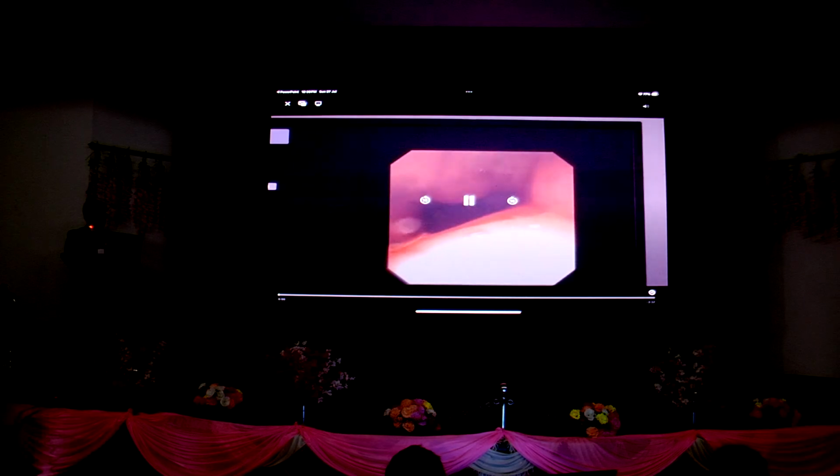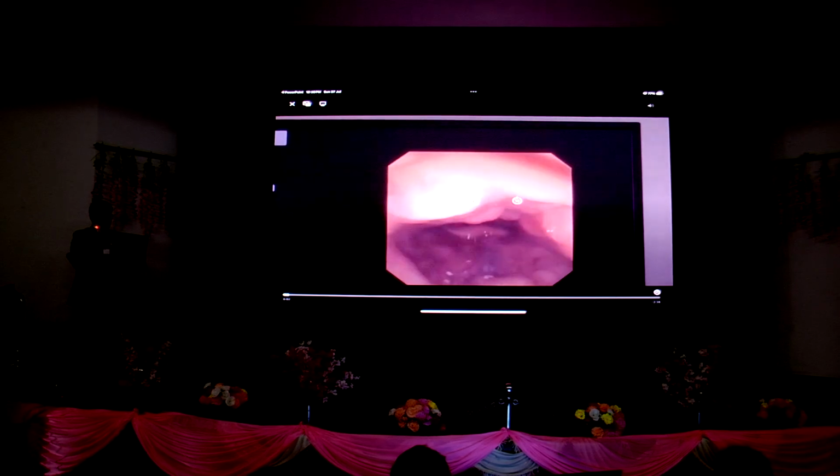How a tongue-based AP collapse could look like. Posteriorly is what you see, the tongue base, and it is coming and collapsing in an anteroposterior way.